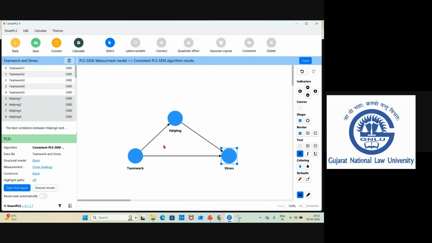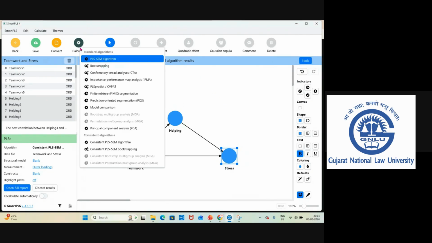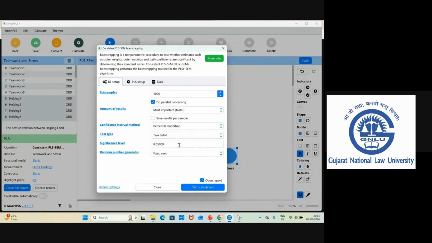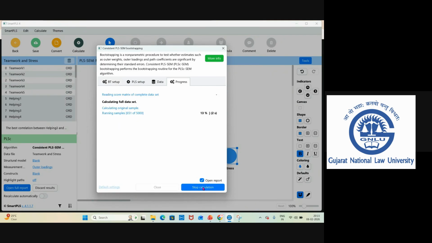Once we hide the indicators, in order to obtain the path coefficients, go to calculate, consistent PLS-SEM bootstrapping, start calculation.